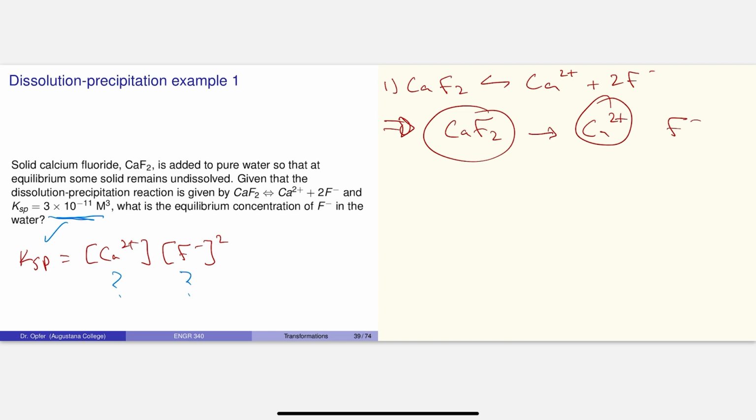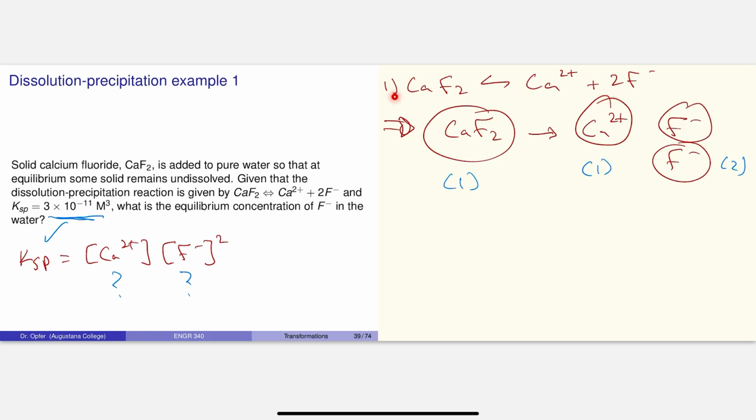However, I've got 2 fluorines on this side, so I'm going to need another one. So if I start with 1 calcium fluoride, I'm going to form 1 calcium ion and 2 fluorine ions. We could do this pattern a couple more times, but we can also just use the stoichiometric coefficients.